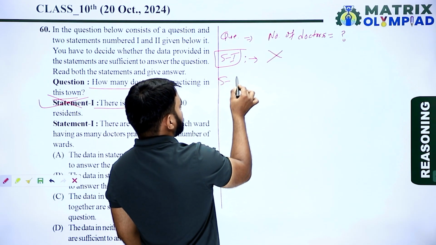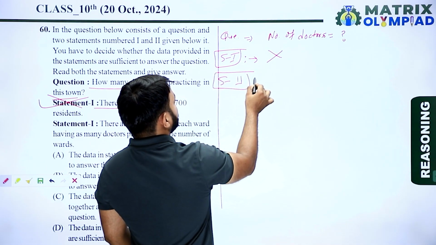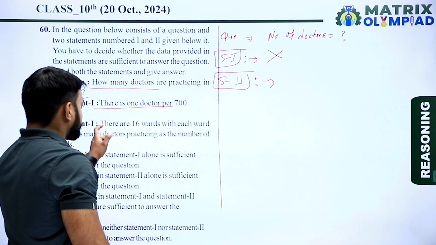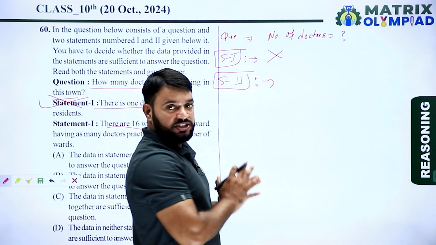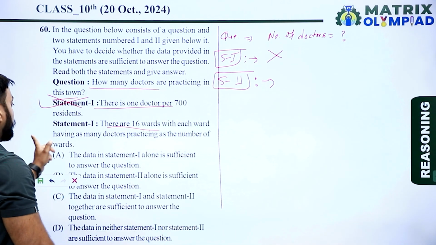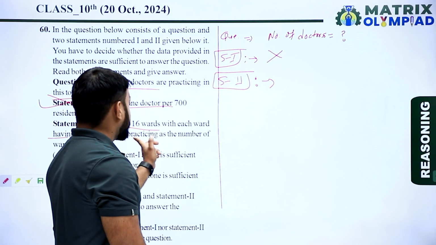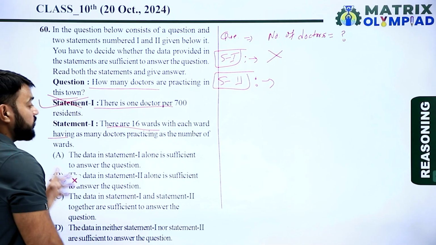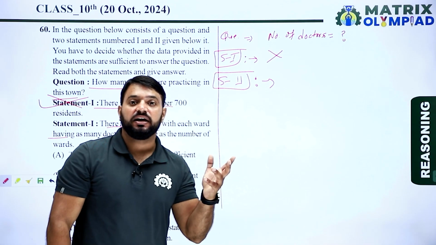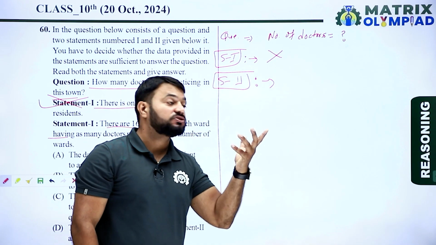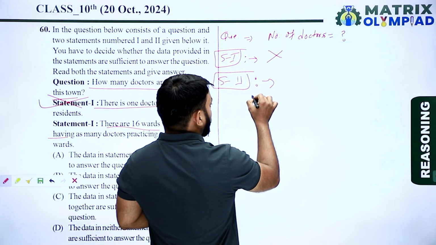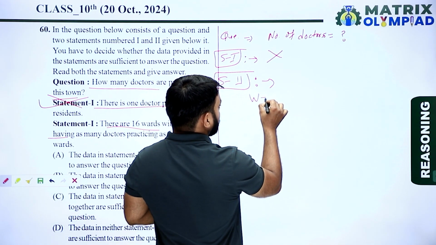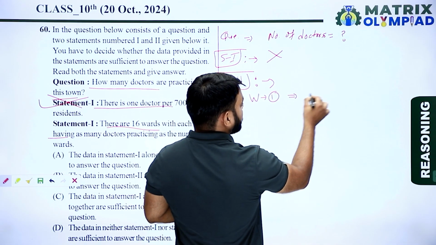Now taking statement second. So now according to statement second, there are 16 wards, total wards is 16, with each ward having as many doctors practicing as the number of wards. जितना नंबर ऑफ वार्ड्स है उतने ही उसके अंदर नंबर ऑफ डॉक्टर जो प्रैक्टिस कर रहे हैं. So in ward number 1 number of doctors is 1.